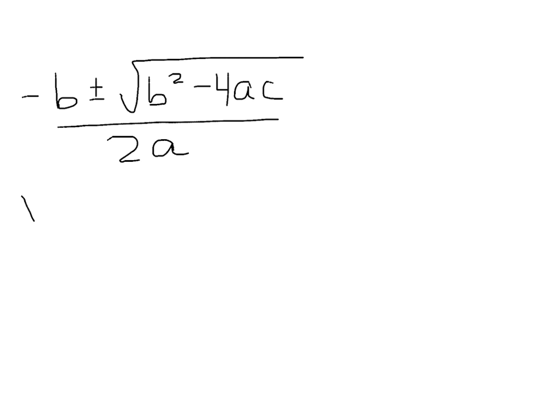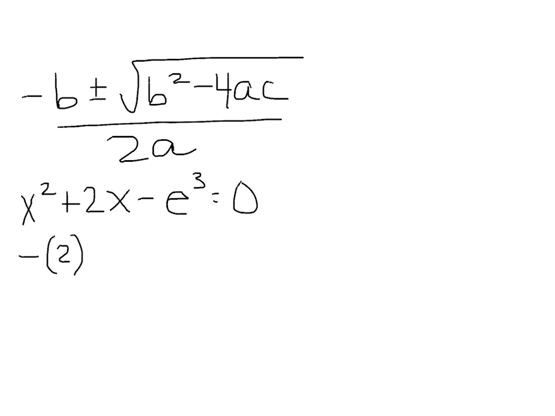The problem, remember, was x squared plus 2x minus, oops, I forgot to put a minus, minus e to the third equals 0. So what number is in the b spot? More specifically, just the 2. Don't need the x in there.